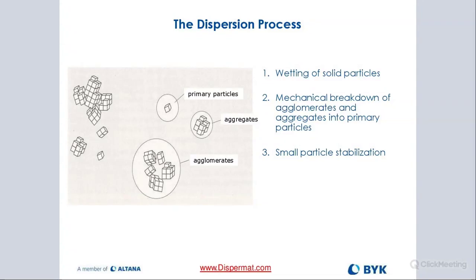And we use a Dispermat to accomplish that by introducing shear forces, and then basically we are able to break up these invisible van der Waals forces. They're called these electromagnetic forces that hold these particles together, and then break them up, and these agglomerates turn into aggregates and then primary particle size.